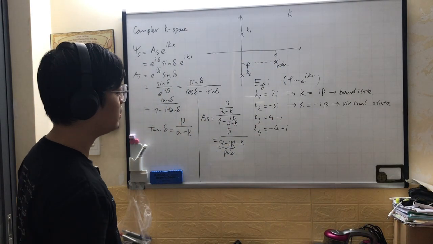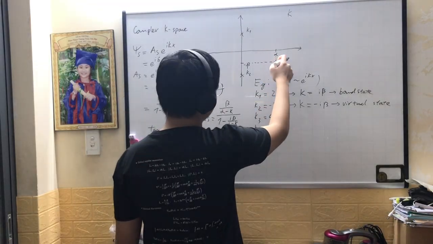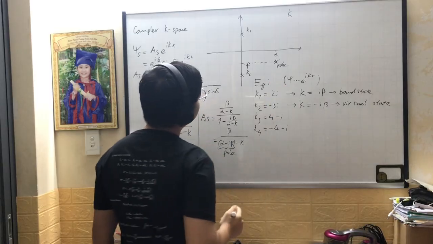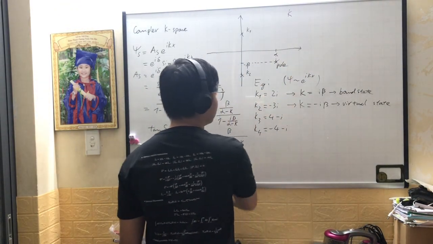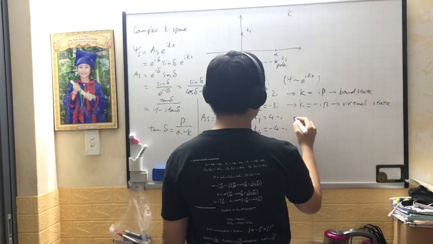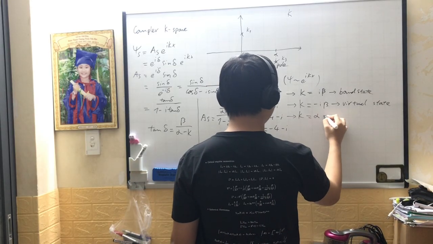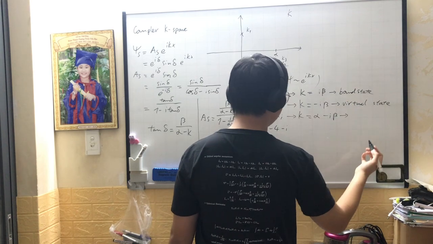Next is our k3. We have 4 minus i, meaning that it would be around here somewhere, so on this quadrant. I can just take this pole here as k3, and I generalize that to be equal to α minus iβ. And what would this indicate?